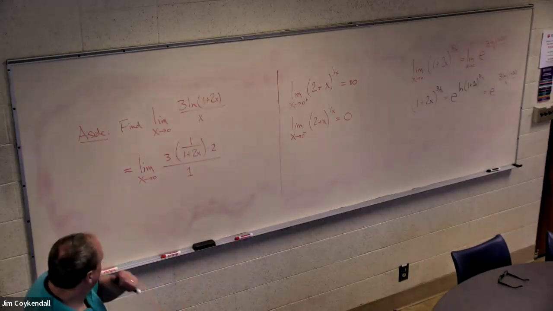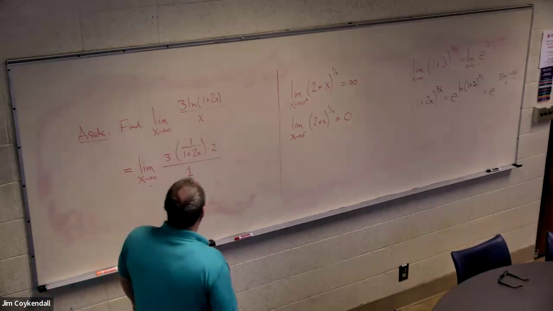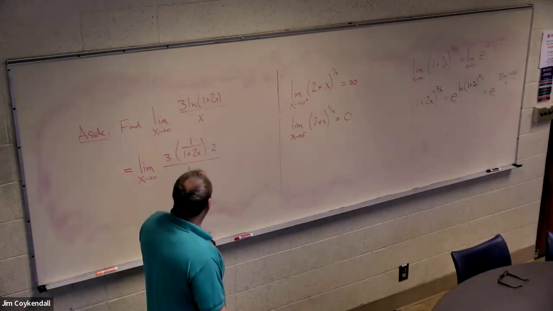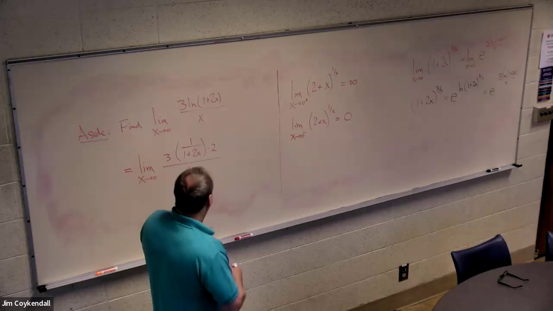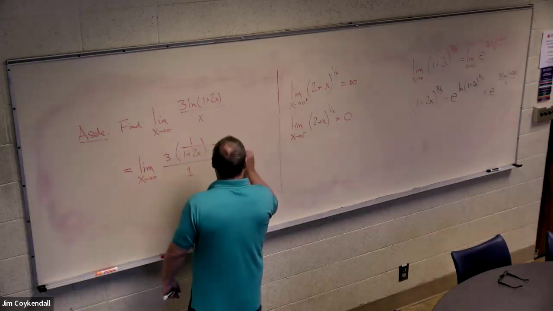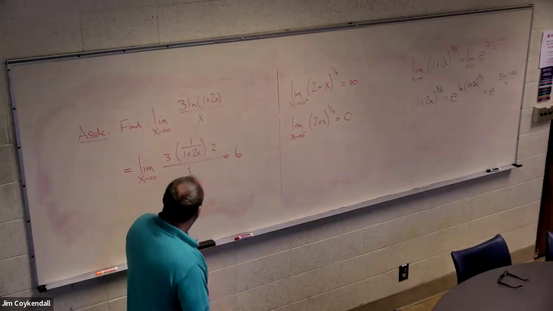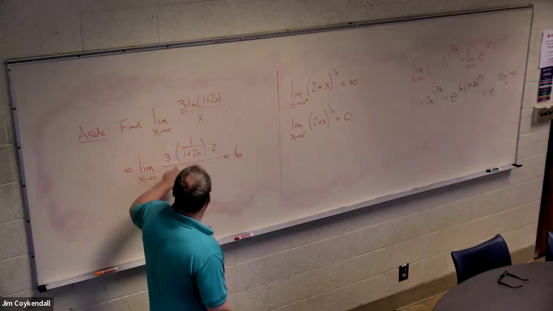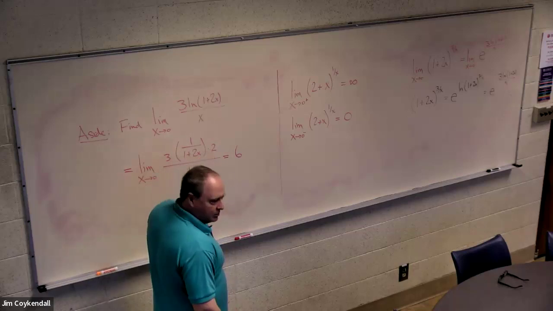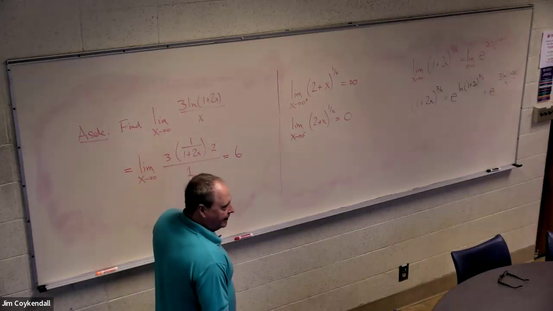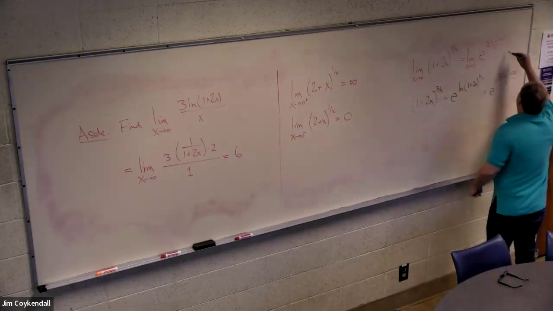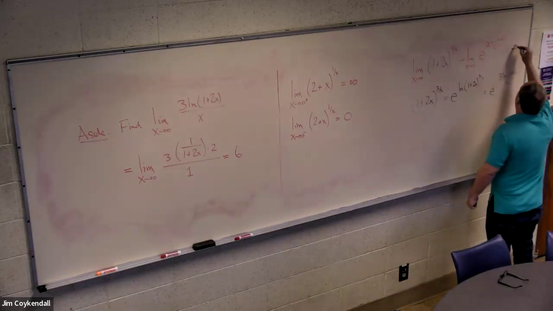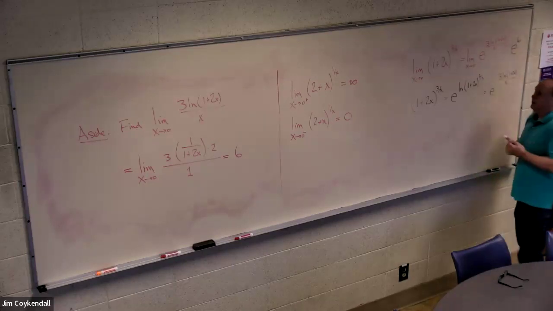And somebody tell me, what's that limit? All you have to do is plug in, and what do you get? This gives you 6. Plug this in, get 1, 3 times 1 times 2. And this takes us back to our answer. This should be e to the 6.